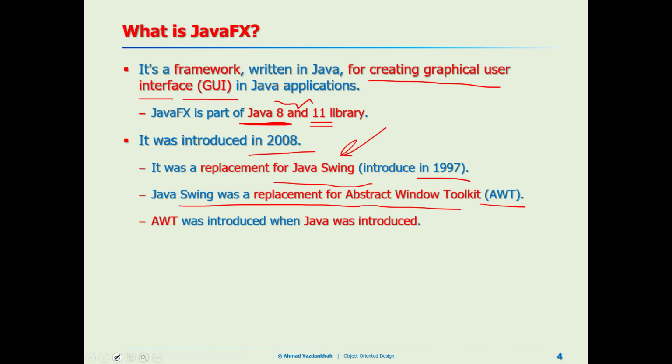Before Java Swing, we wrote GUI programs in Java with the Abstract Window Toolkit or AWT. We still have a lot of programs in AWT and a lot more in Swing, right?